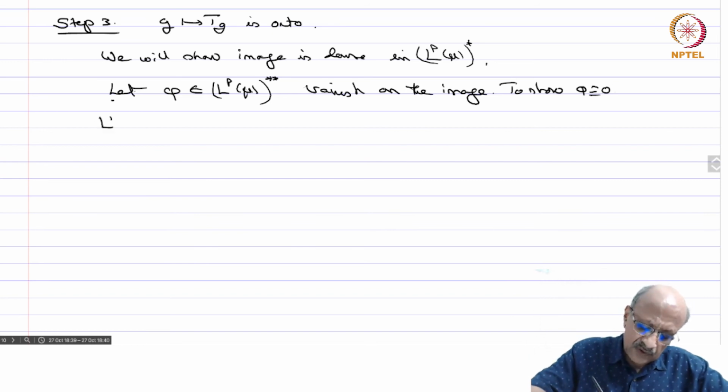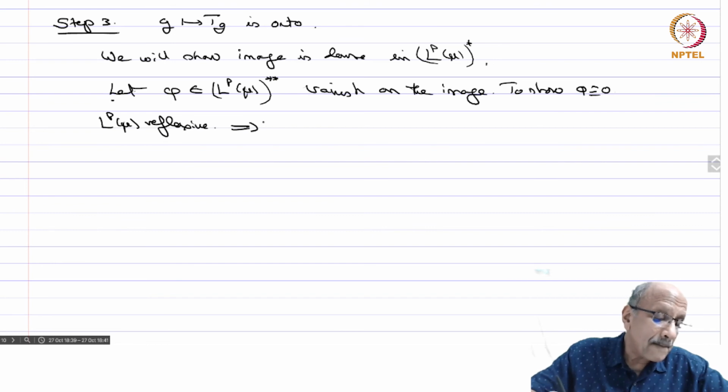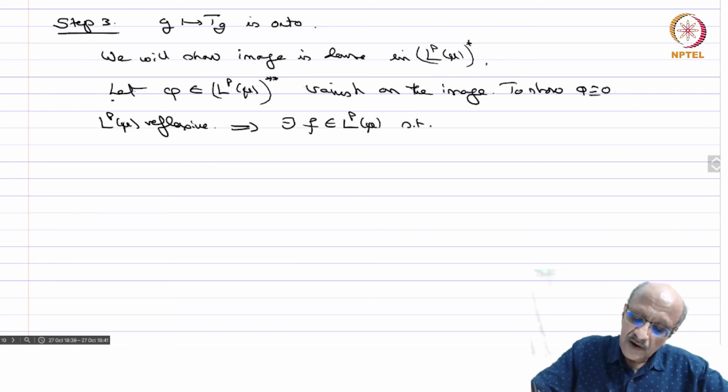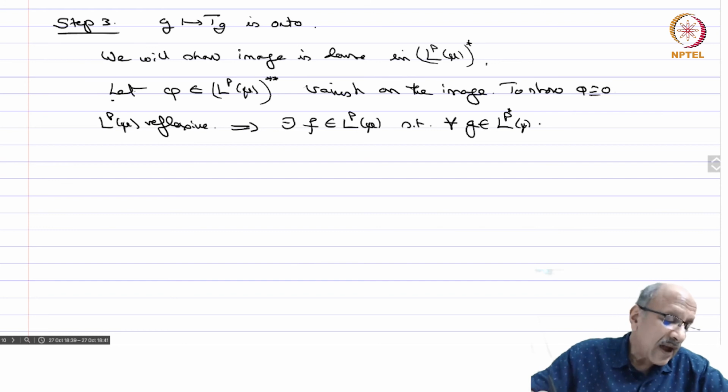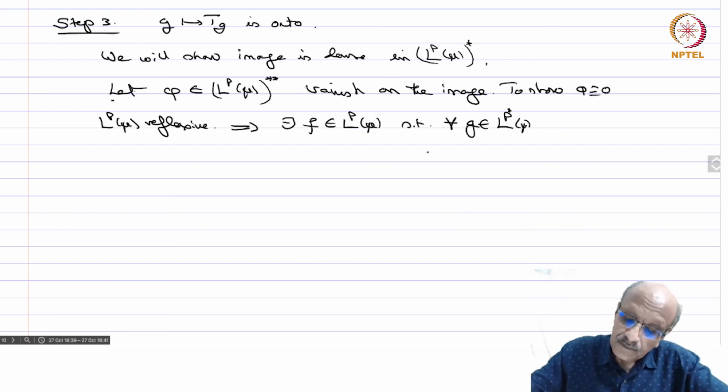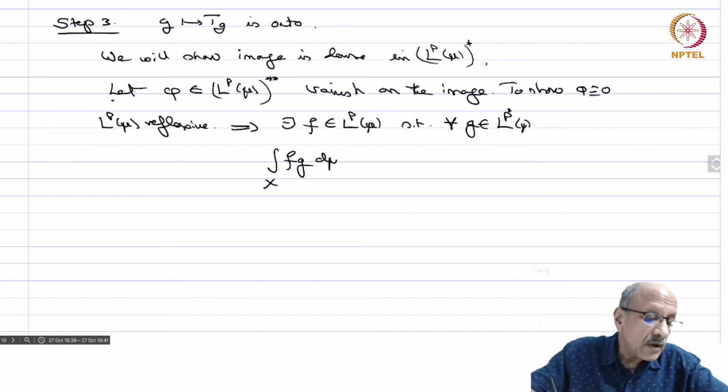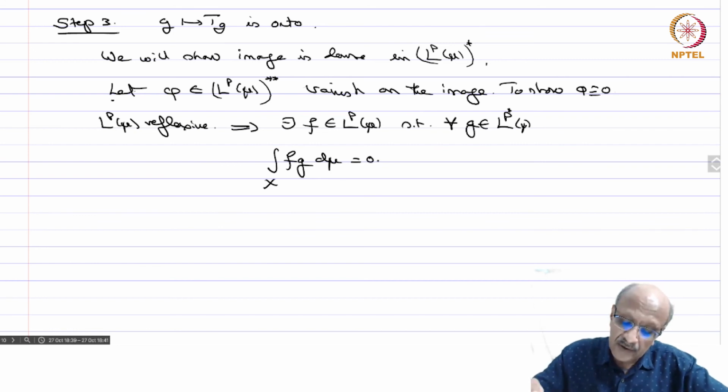But Lp mu is reflexive, so this implies that there exists an f in Lp mu such that for all G in Lp star mu, we have that the integral over x of fg d mu equals 0. Because vanishing on the image means Tg of f is 0.